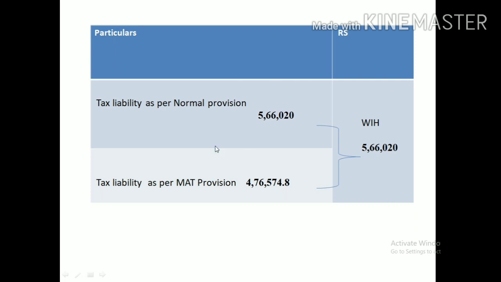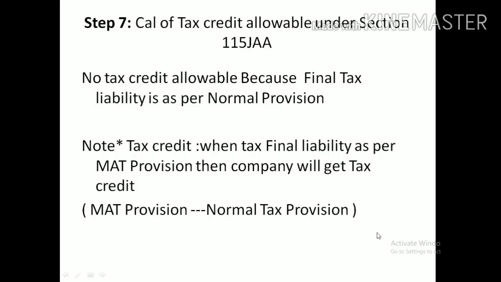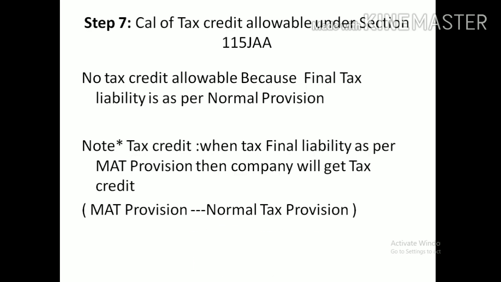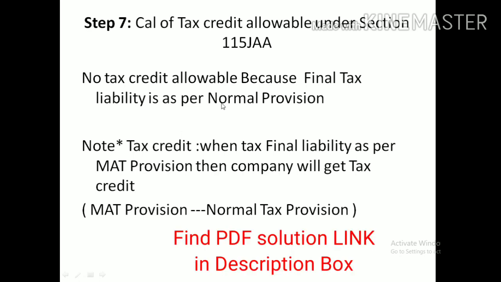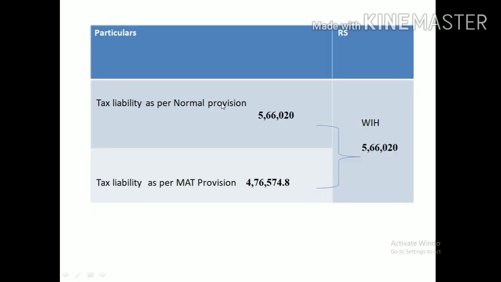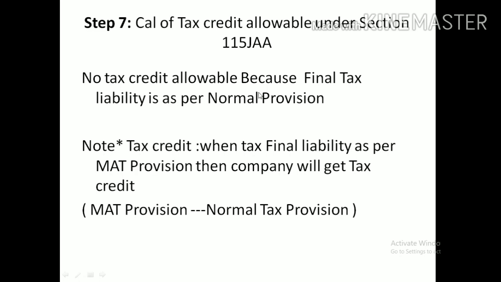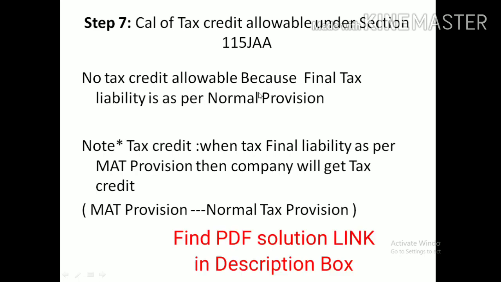Among these, whichever is higher, that is as per normal provision, 5,66,020. Then next, calculation of tax credit allowable to the company. Here no tax credit is allowable to the company because the final tax liability the company paid is as per normal provision.